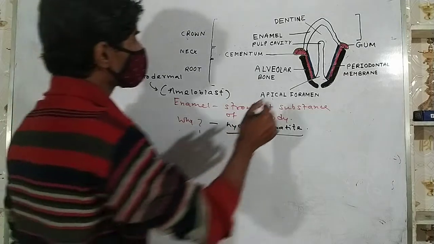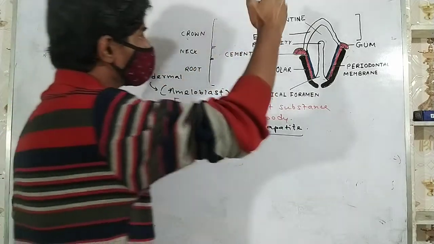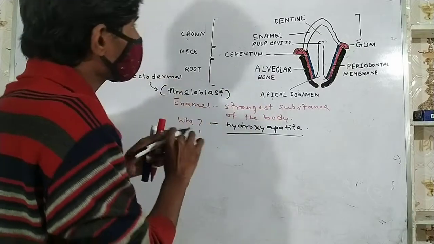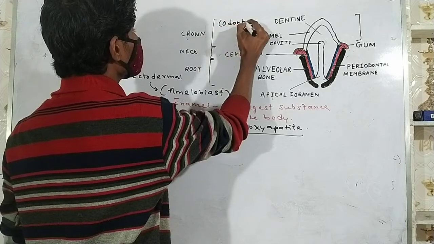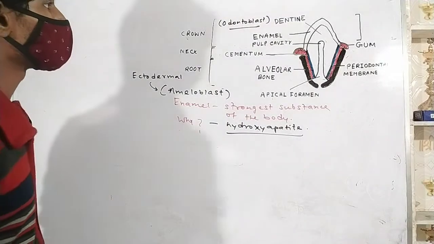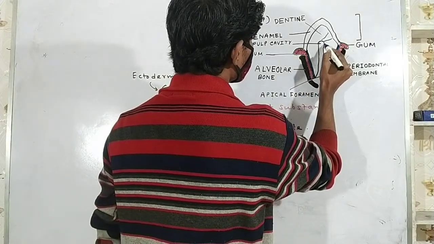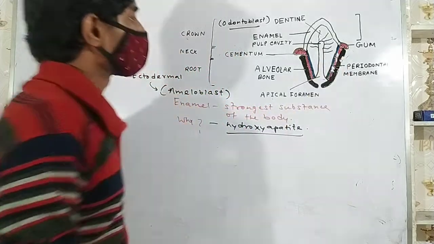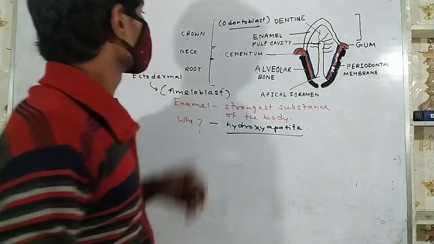Now let us talk about dentine. Dentine is the layer just beneath the enamel and it covers the pulp cavity. The dentine is made up of odontoblast cells, and in the dentine various canaliculi run from the pulp cavity towards the enamel.